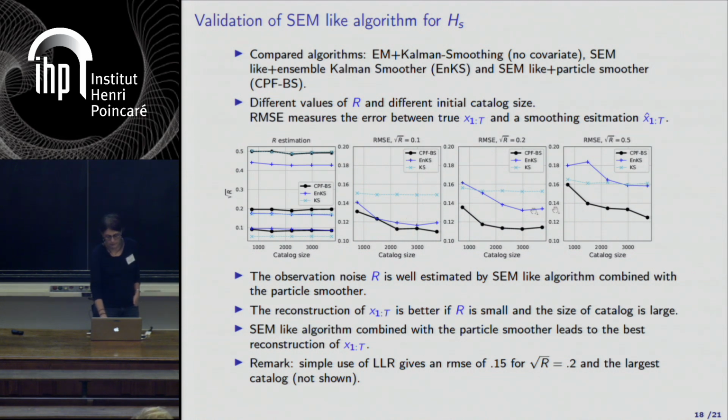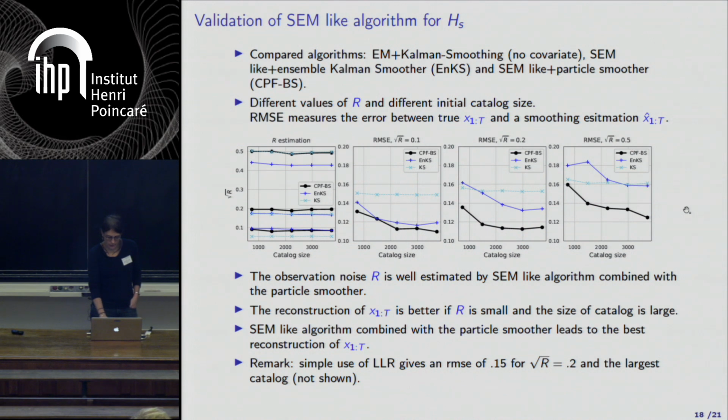And here we see that when the noise increases, it's more difficult to have a good estimation. It's expected, okay? And what we see also is that with the algorithm we propose, we have a better estimation than with the other algorithms. I have to remark that with the ensemble Kalman case, we didn't update the catalog, so we just use the initial catalog for each iteration.